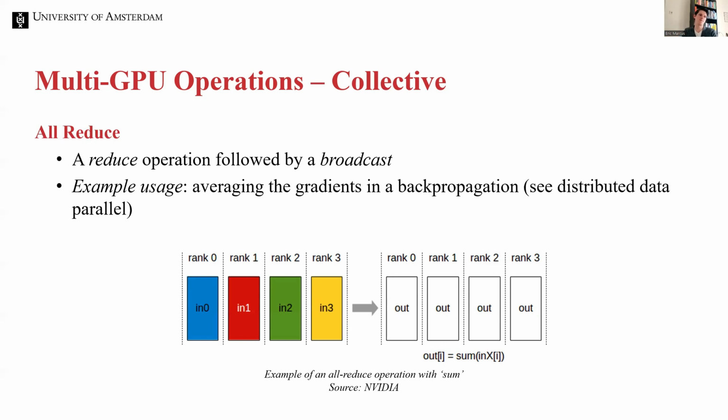And this one is actually very often used. For example, if we have a distributed data parallel setup, which I'll come to later, we're computing gradients in the backpropagation of our algorithm, then we use an all reduce operation to average and distribute the gradients to all the ranks that are in our experiment.